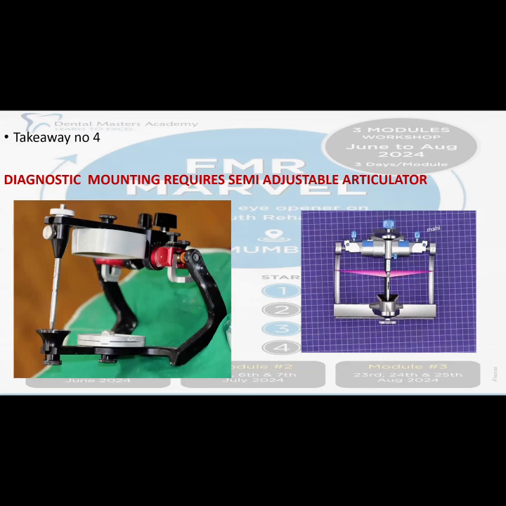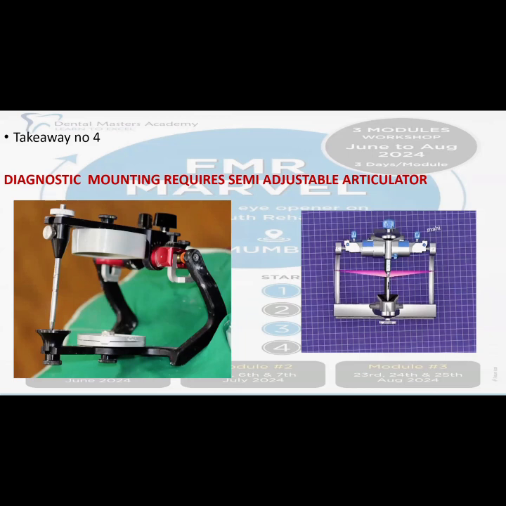But yes, if you are doing FMR in a sequence, then please invest in a semi-adjustable articulator. There are many companies in the market. I would not say one company. There are many companies, starting from Hanau to Whip Mix, to BioArt, to Corrident, to Artex. So you can invest in one simple semi-adjustable articulator and you can proceed.